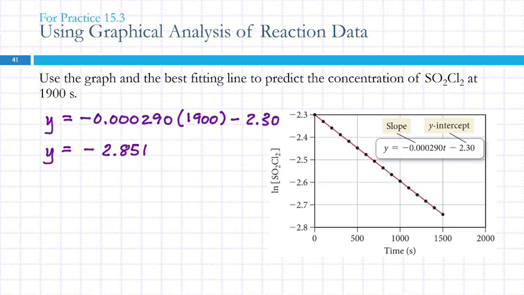So y is equal to negative 2.851. Is that the concentration? No, it's the log of the concentration. So that's equal to the natural log of the concentration. Well, how do we undo natural log? The anti-log is 10 to the x. For natural log, the anti-natural log is e to the x.